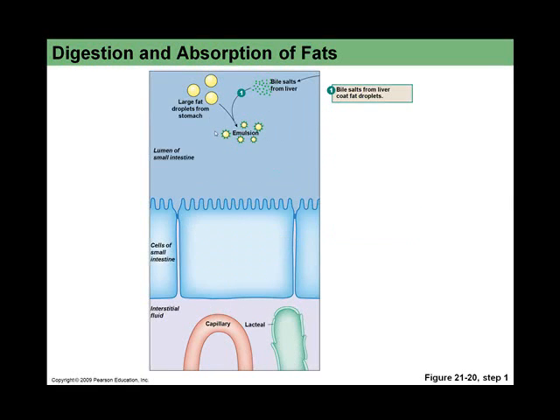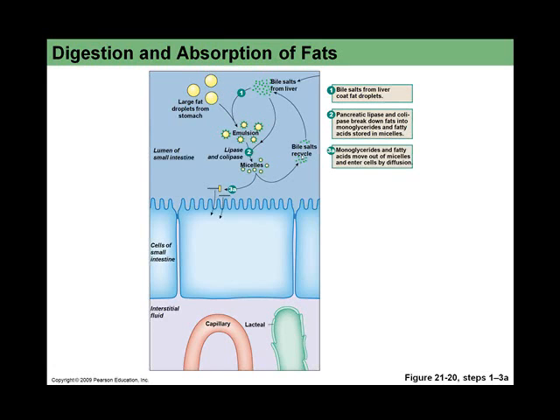So here we can see this, and we'll follow it through step by step. So the bile salts from the liver coat the fat droplets. The large fat droplets come from the stomach, and we get the emulsification process that we just looked at. Lipase and colipase will help to degrade these down to smaller structures called micelles. Then the bile salts will be recycled, and here we see the monoglycerides and the fatty acids move out of the micelles and enter the cells by diffusion.